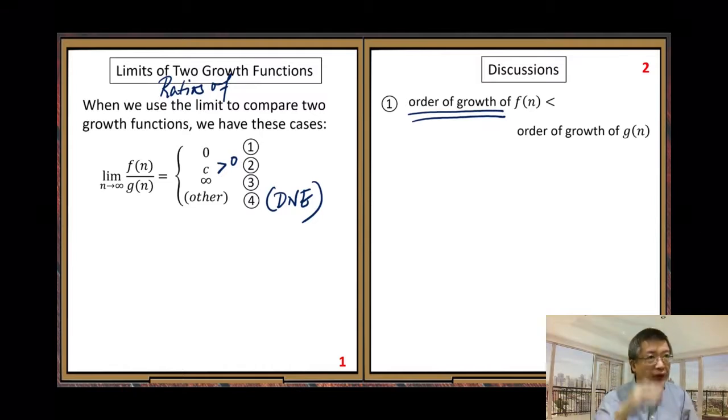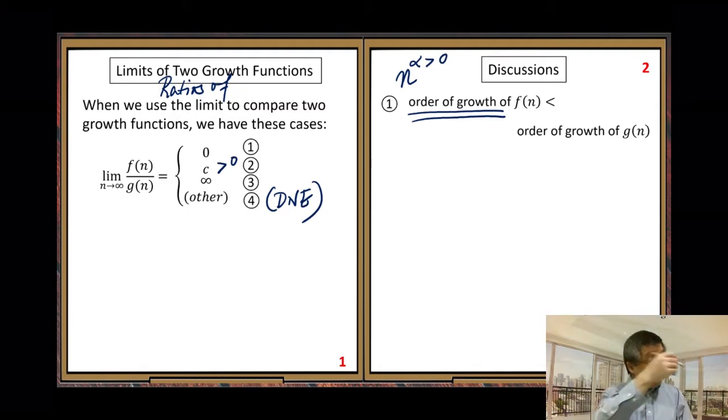So typically, after we do that kind of simplification, we end up getting a function in this form, n to the alpha power. It's a power function. And this alpha, typically, it's a positive number.